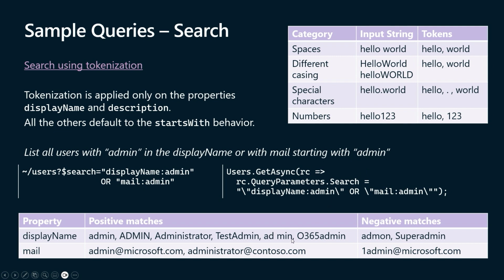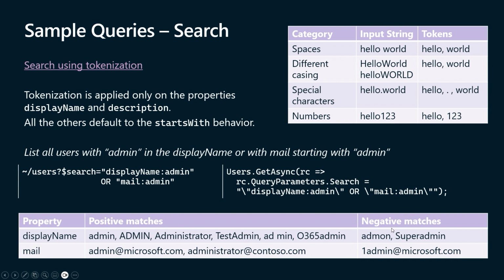The second part is a bit weird, but what we do is, if we find a space in the word, we also collapse the word together and we match with the input token. So "ad min" would also match admin. And the last example is O365 admin, where we split through numbers.